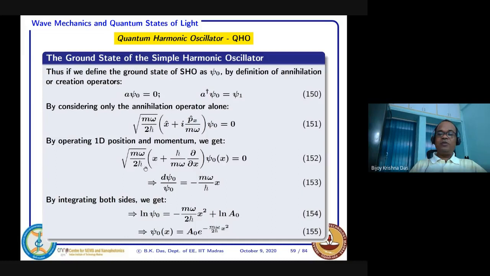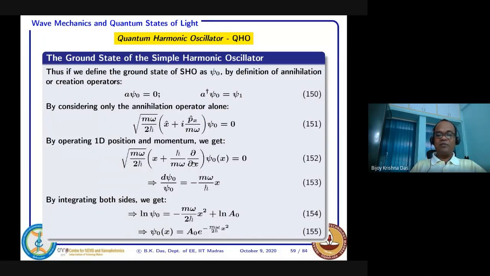Now if you simplify it a little bit, I have written it like this. So no problem, right? One thing you should keep in mind is that this is a constant. The constant goes to the right hand side, which can be factored immediately, and it goes to 0. But you cannot factor out psi naught of x, because you have an operator here.